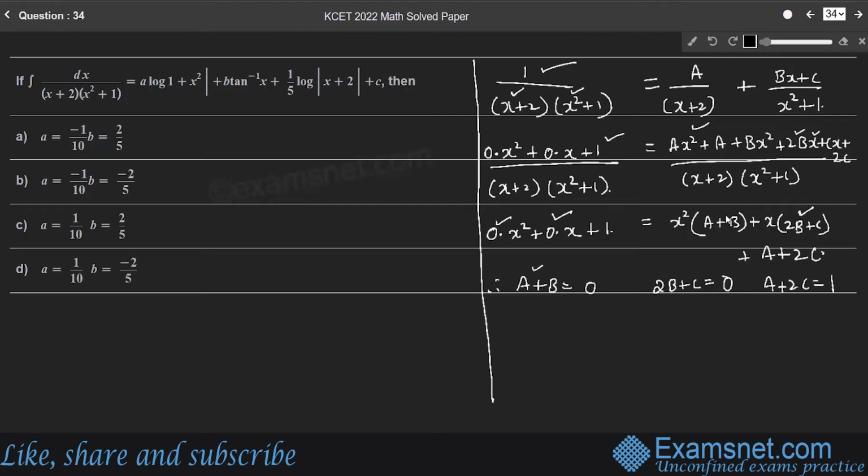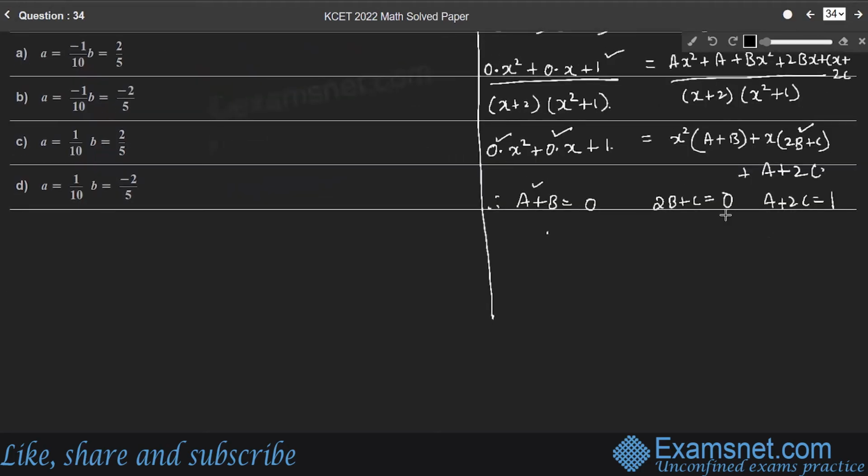If a plus b is 0, a becomes minus b. And 2b plus c is 0, so c is minus 2b. If a is minus b and c is minus 2b, then a plus 2c becomes minus b plus 2 into minus 2b, which is equal to 1.